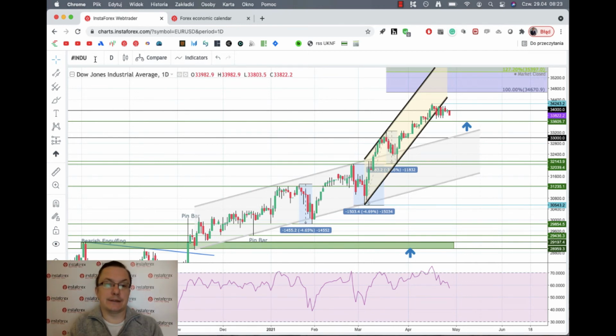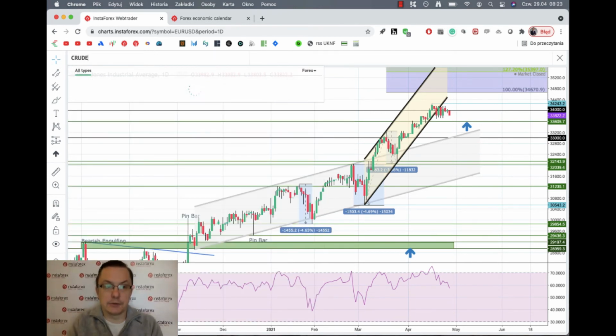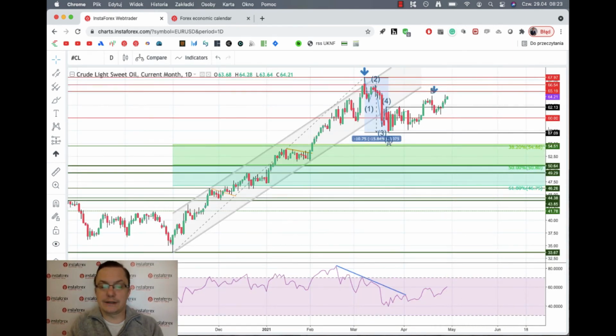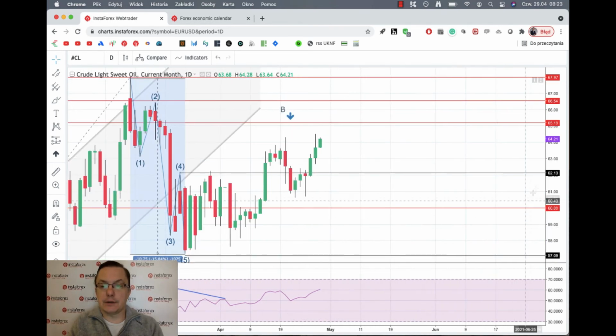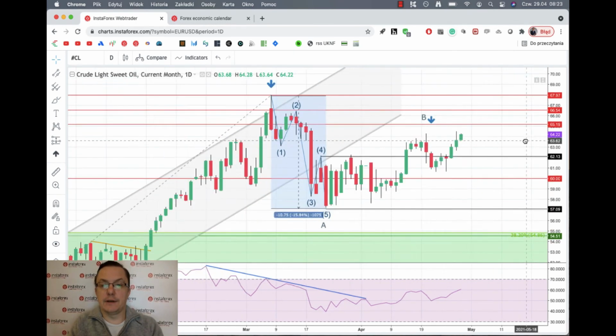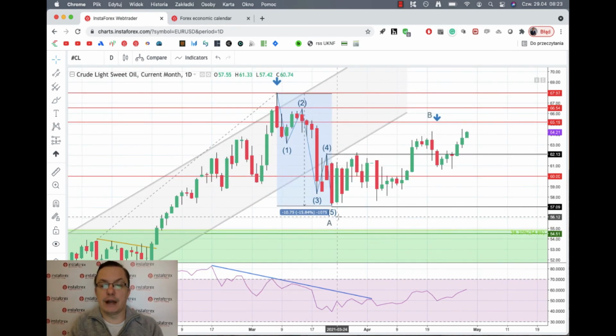And at the last, we can take a look at the crude oil futures, so we can see what is going on here right now after the channel breakout and the very nice 5-wave down retracement.